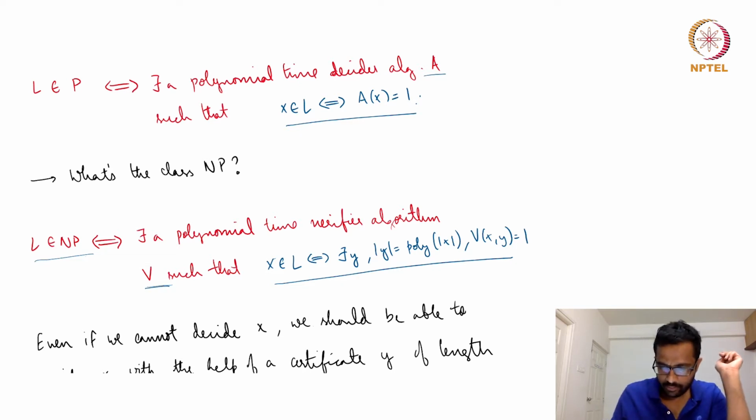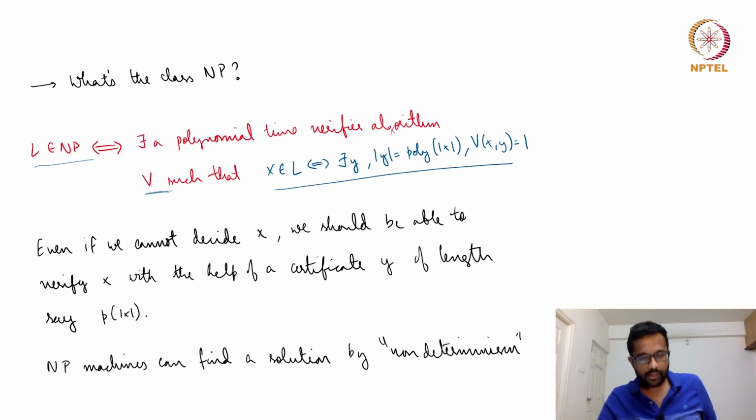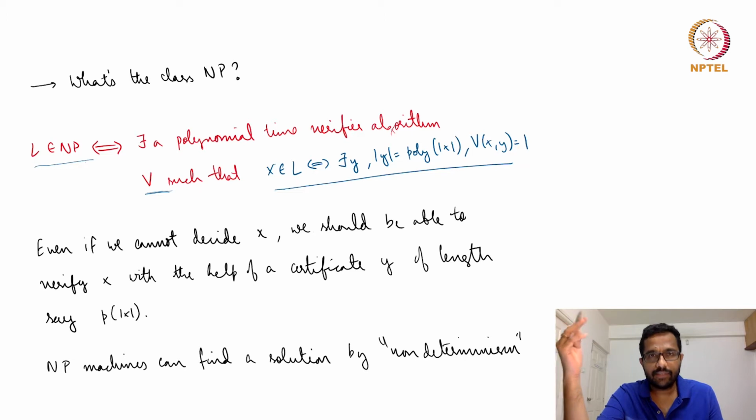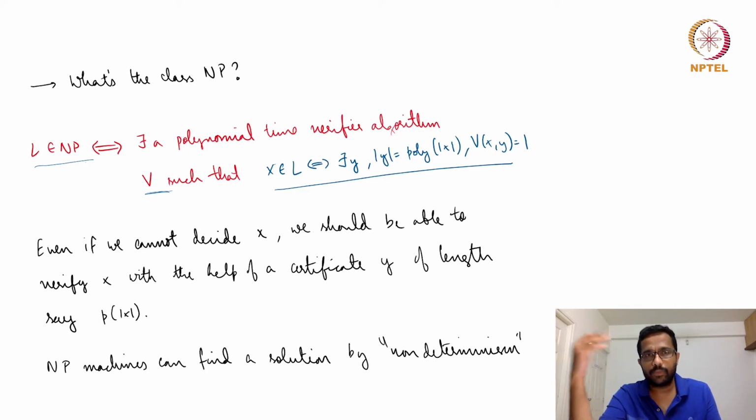So we have the two classes P and NP. P has polynomial time deciders, NP has polynomial time verifiers. NP is a class of languages that can be efficiently verified, which means there is a certificate or a proof or a witness.